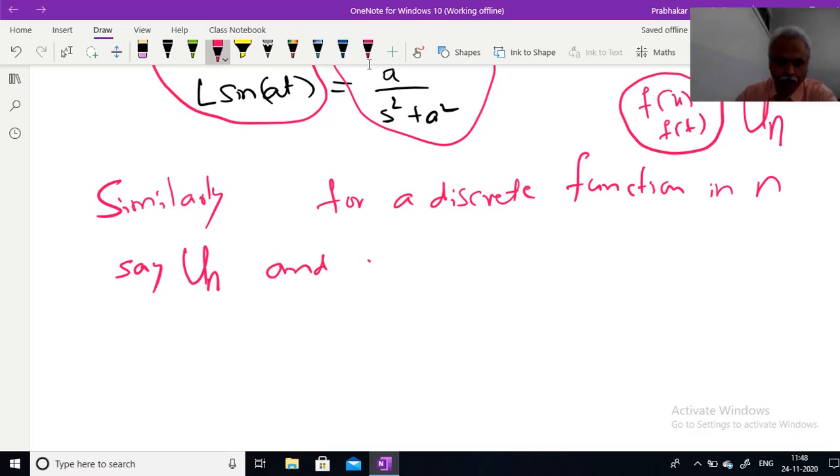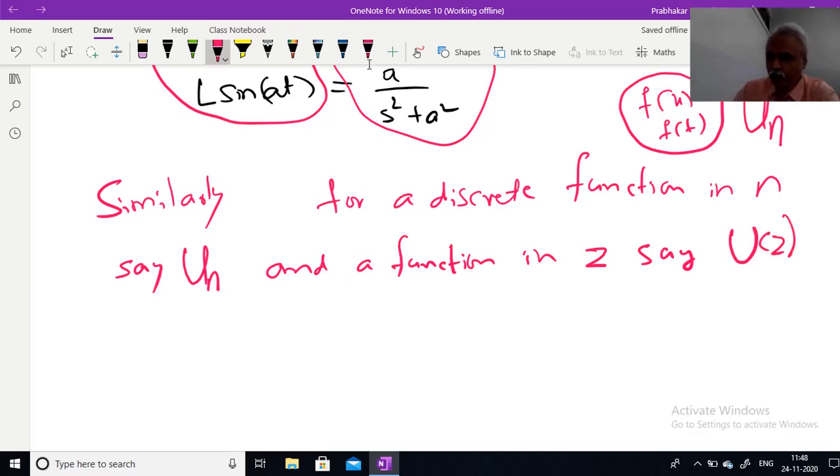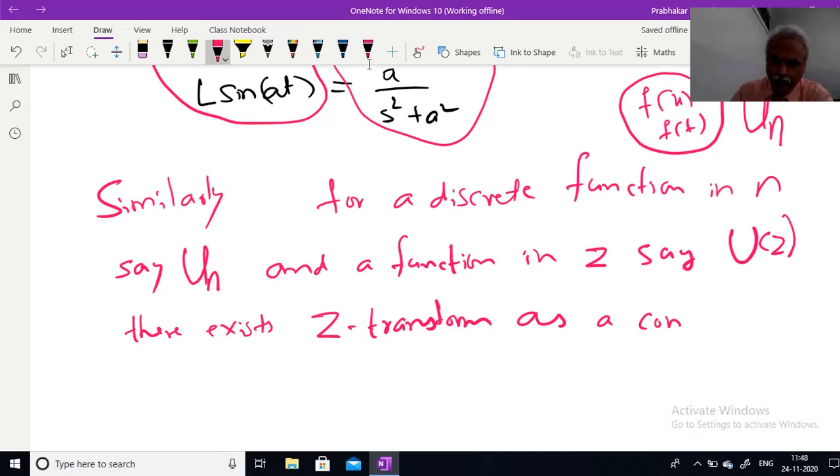And a function in variable z, say I denote it by some function of z, u of z. There exists a connection between these two, Z transform, as a connector.